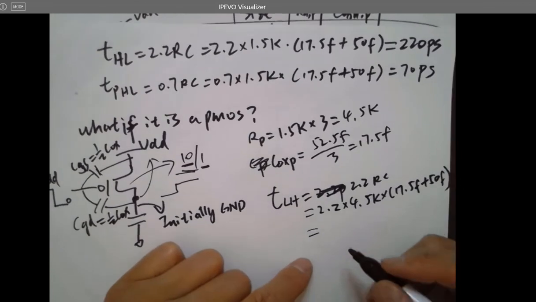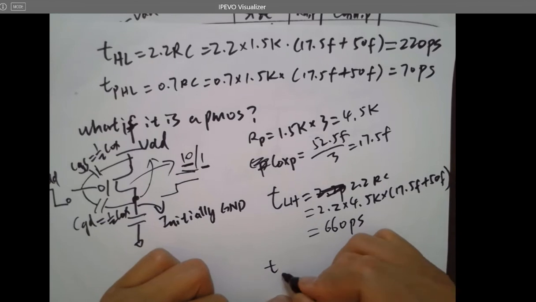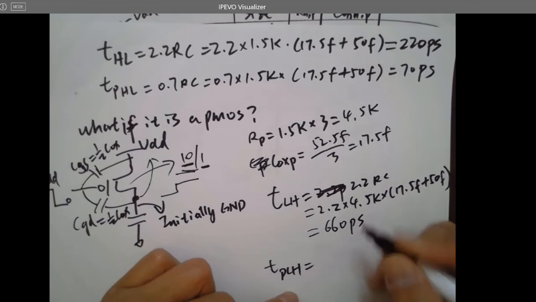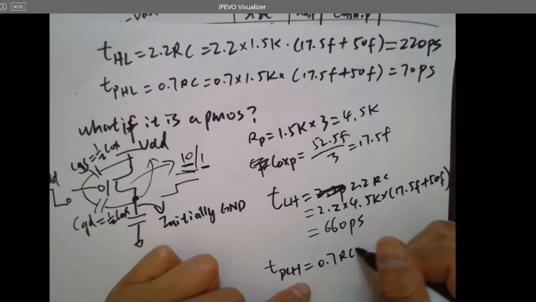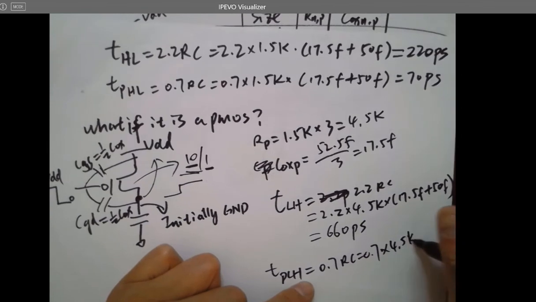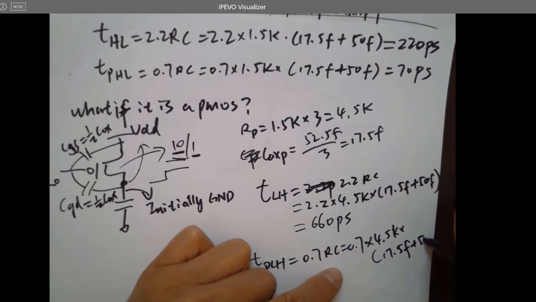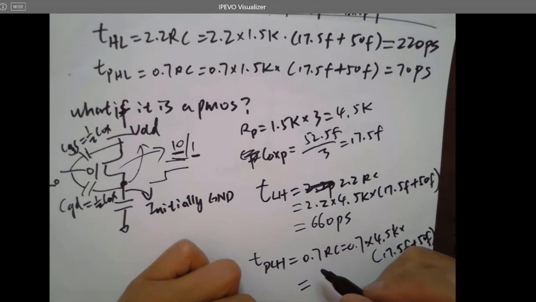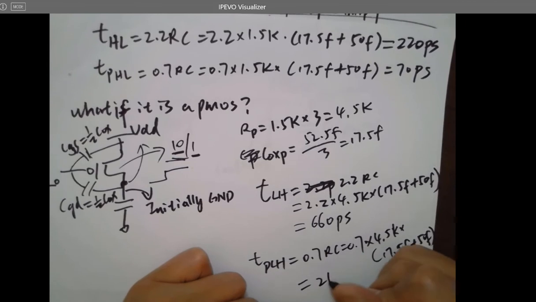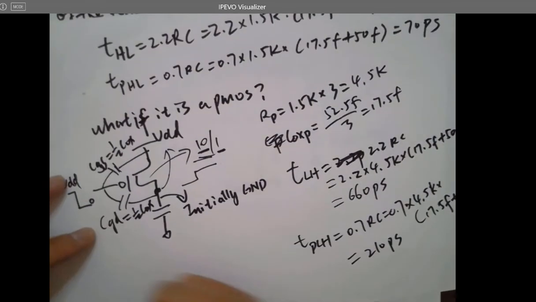This will give you 660 picoseconds. For the propagation delay, it will be 0.7 RC, which is 0.7 times 4.5K, and the same capacitance, which is 17.5 femto plus 50 femto. So the overall propagation delay will be 210 picoseconds in the calculation.